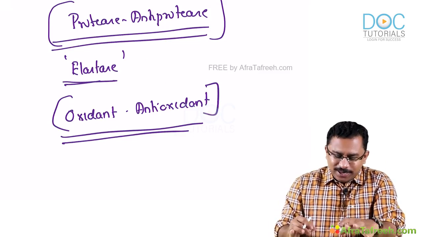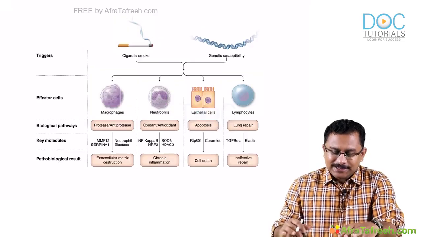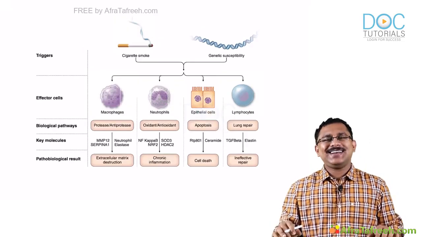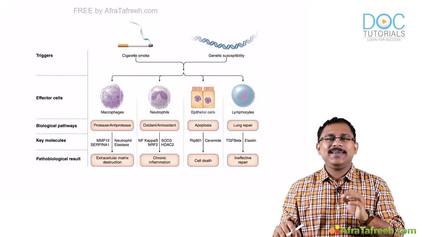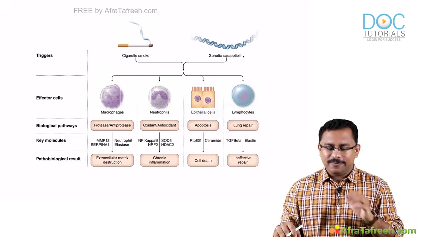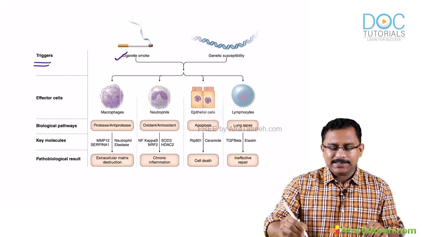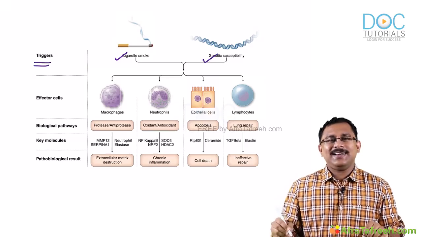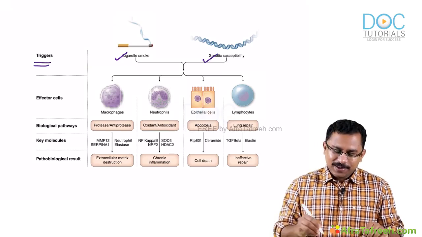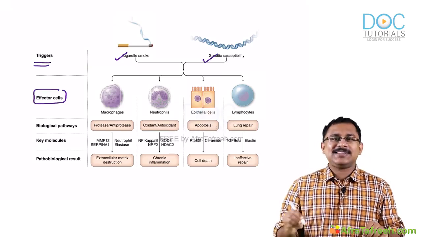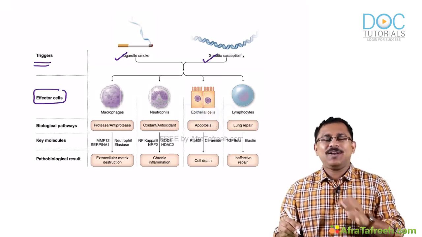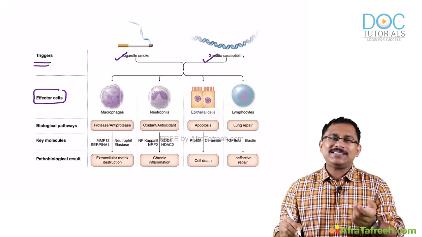So I will take your attention to a figure in Harrison, a simple flowchart which demonstrates the etiopathogenesis of emphysema. You see the triggers, the cigarette smoke and genetic susceptibility. The effector cells, I told you it is an inflammation, so inflammatory cells are important.